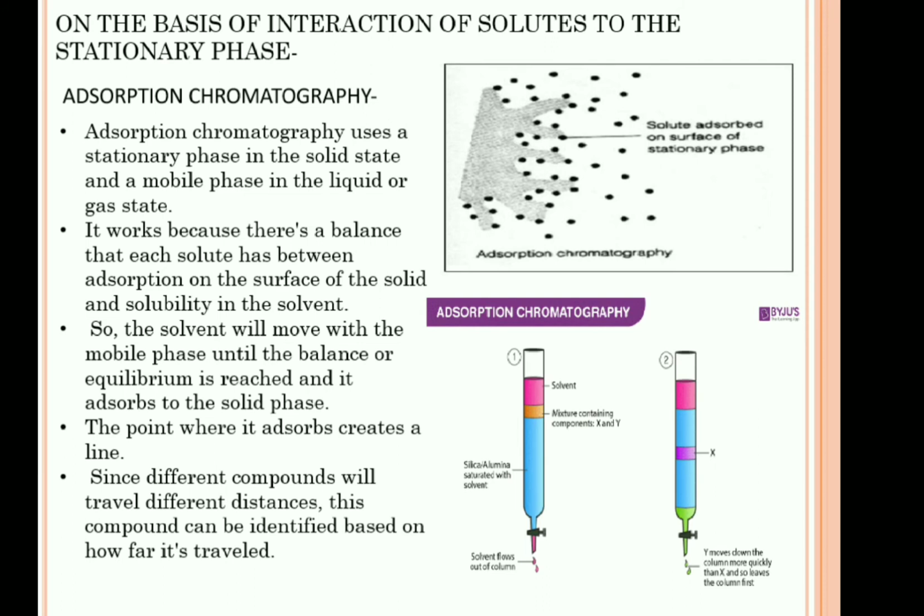Then we can observe that the mixture, meaning the sample which has the components, say x and y, slowly gets separated. The principle is the interaction between the solute, meaning the component, and the stationary phase.